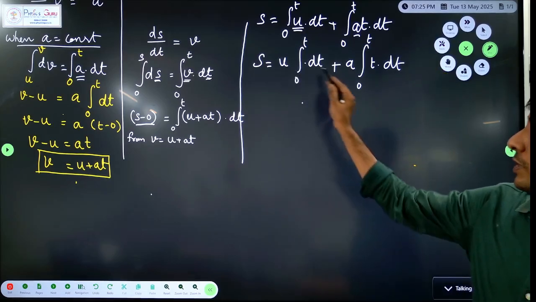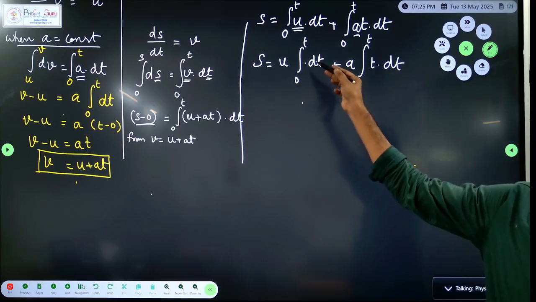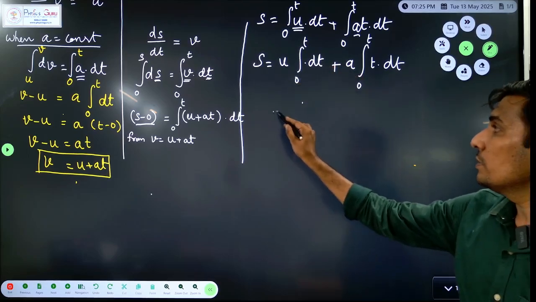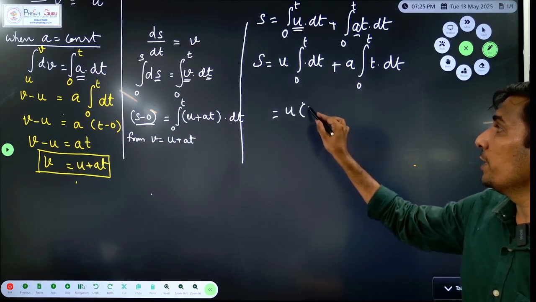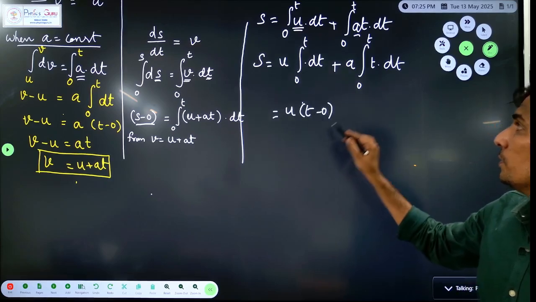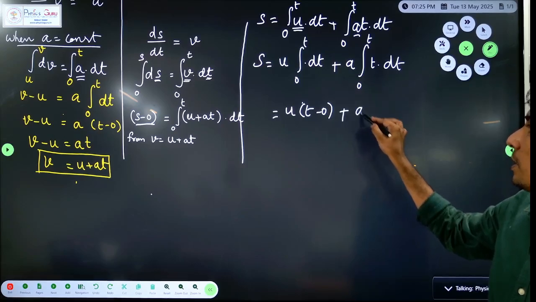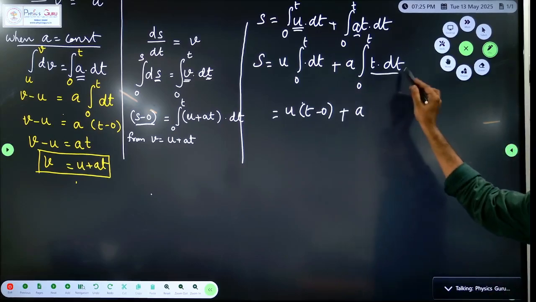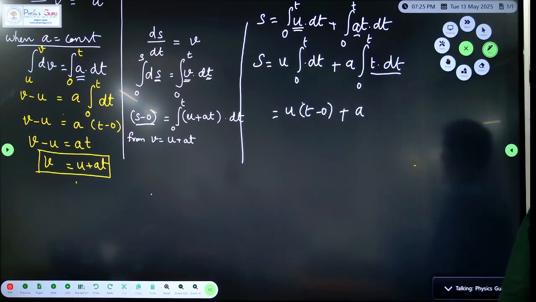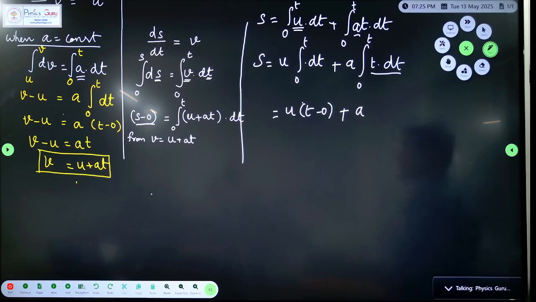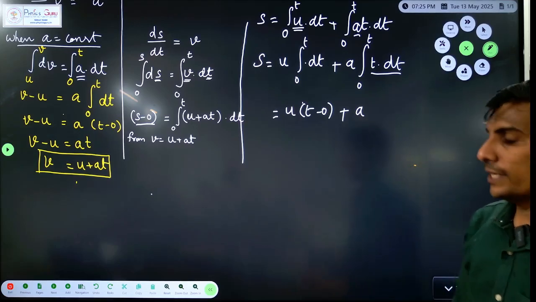Here no argument function pair. What should I do? Find the range, which is equal to u into t minus 0 plus acceleration is present. Here I have t dot dt. Argument and function are same. What should I do now? Use the law of integration.